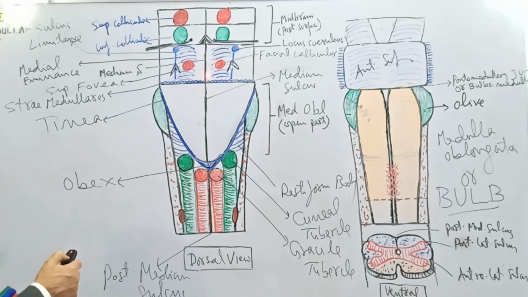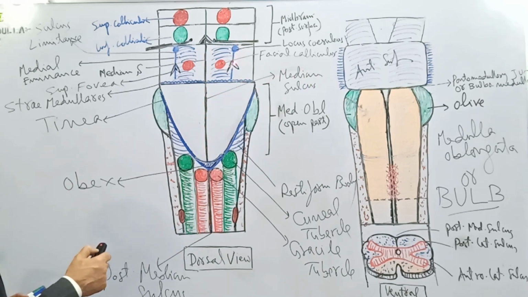This is called median sulcus, and on the outer surface of the closed part of the medulla oblongata, this is known as posterior median sulcus. It is just median sulcus, traversing the middle of the dorsal surface of the pons and continuing downwards in the middle of the dorsal surface of the open part of the medulla oblongata, and is known as the median sulcus.